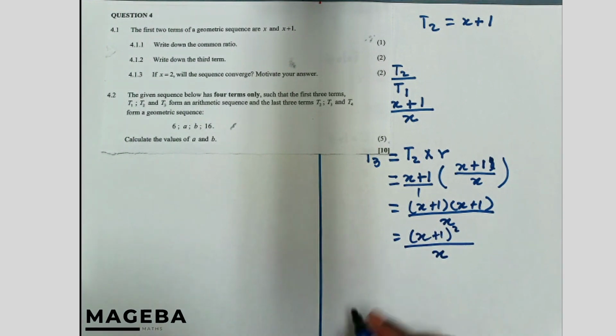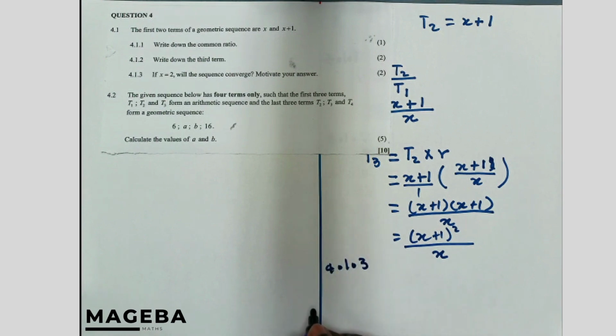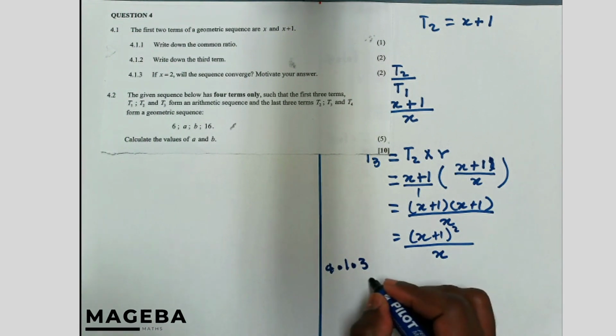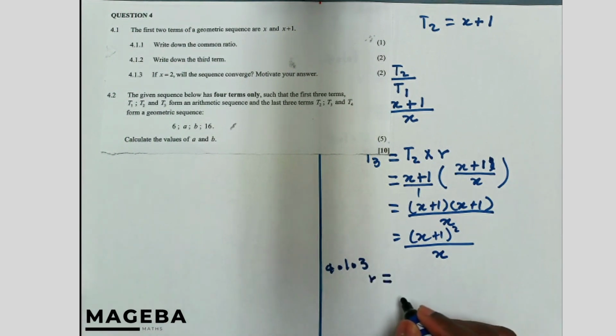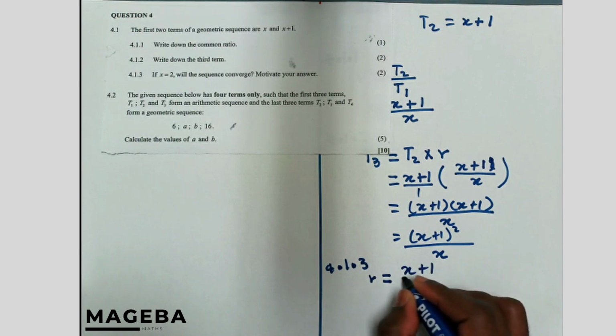Now let's go to 4.1.3. They are saying if x is equal to 2, will the series converge? Motivate your answer. For it to converge, there are restrictions in terms of r, which is our ratio. Our ratio is x plus 1 over x.